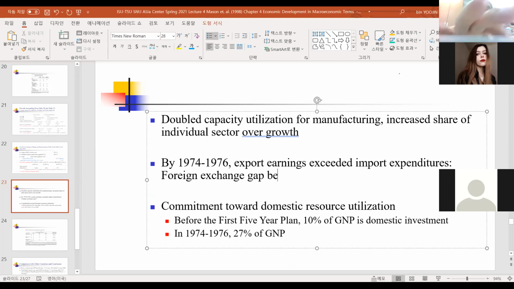Before when? 1974. Foreign exchange gap means export minus import was always negative.